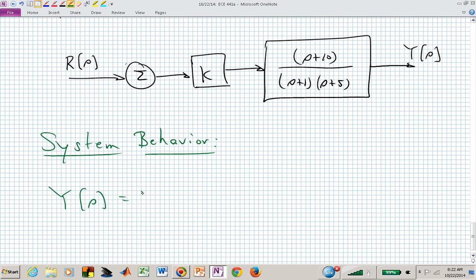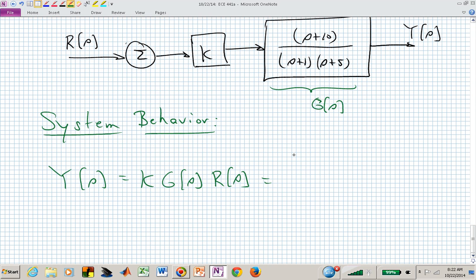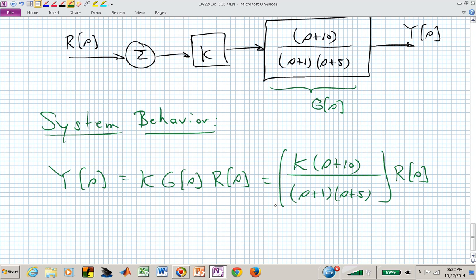Y of s is now K, G of s, R of s, where I'm calling that G of s. Or this is now K times (s plus 10) over (s plus 1)(s plus 5) times R of s.